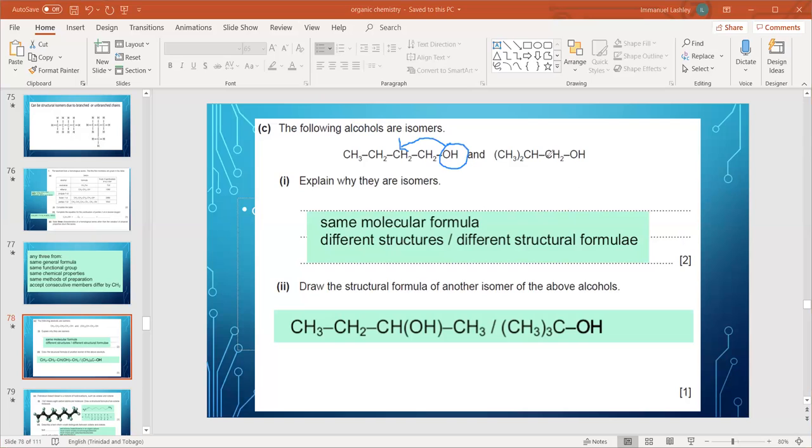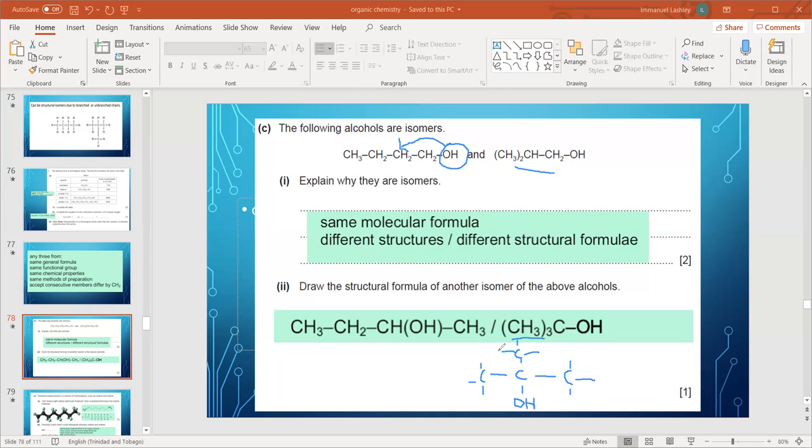Or if you decided to use this one, you could move one of these groups, and instead of having a CH group bonded to a CH2 group, you could have a carbon bonded to the OH group, with one CH3 group, another CH3 group, and another CH3 group all bonded to it.